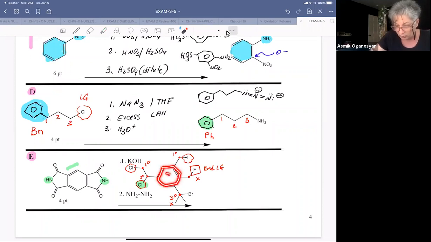I'm going to ignore this position and this position completely. So meta to each other, I have chlorine and iodine leaving groups, okay? On top of my Gabriel reagent, I'm putting my substrate.